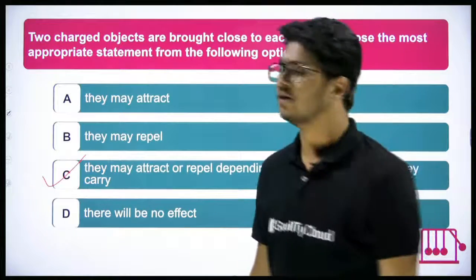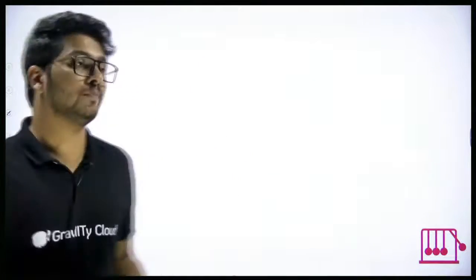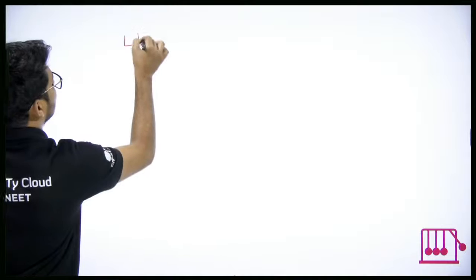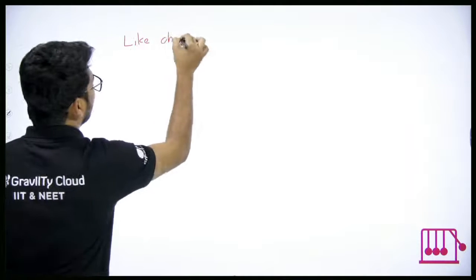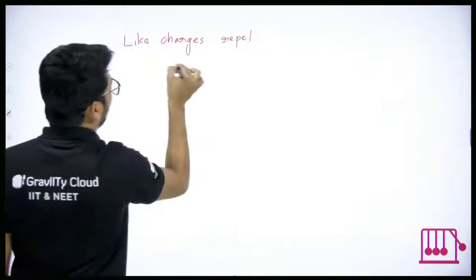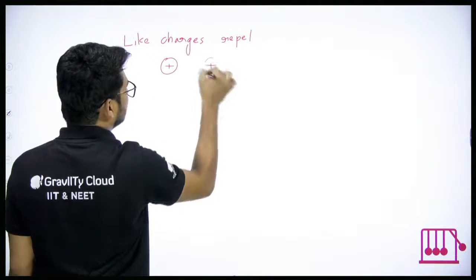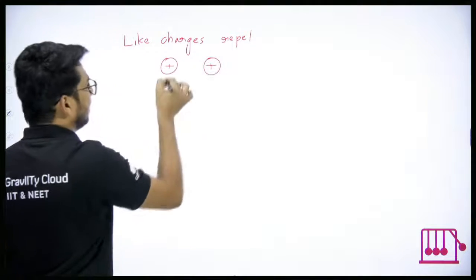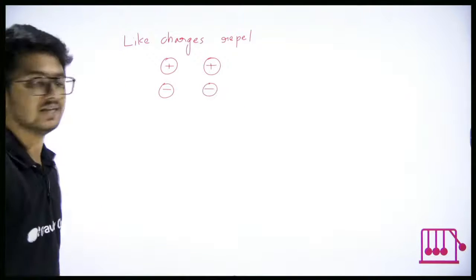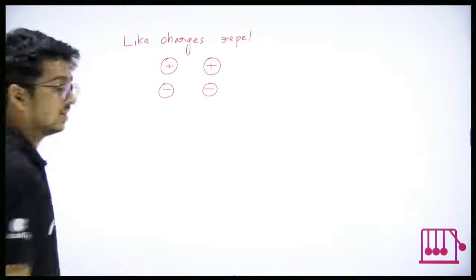Now, why is that? Because similar to magnets, charges also repel and attract. Like charges repel. If I take a positively charged body and a positively charged body, they repel each other. If I take a negatively charged body and a negatively charged body, they repel each other.